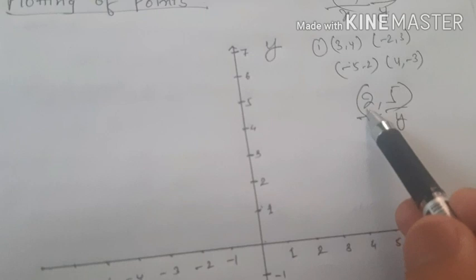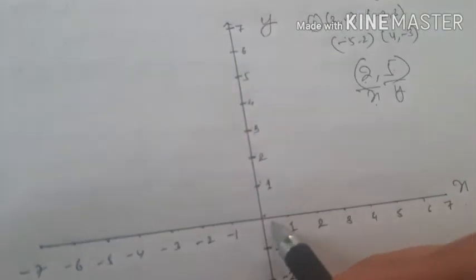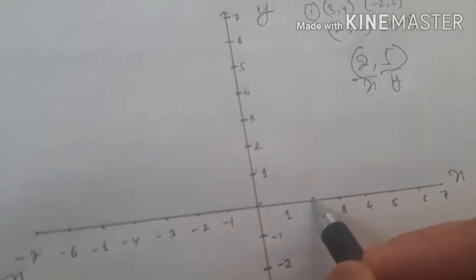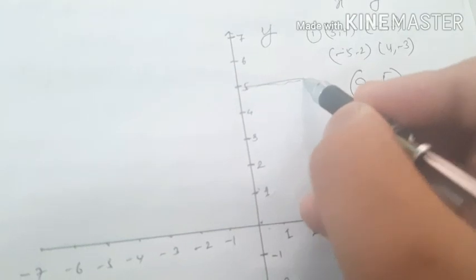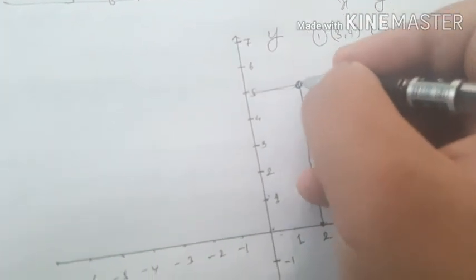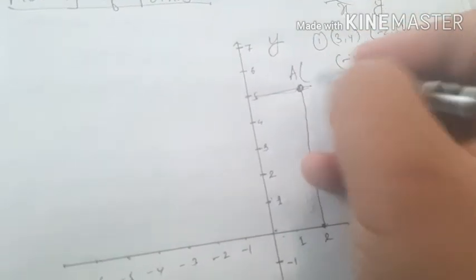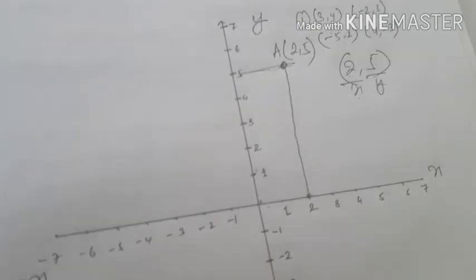Now I have x 2, y 5. So x will come this part, x 2 here, y 5. So it will be like this. This is your point here. Let's mark A. What is the coordinate here? (2, 5). So this is how we'll plot it.